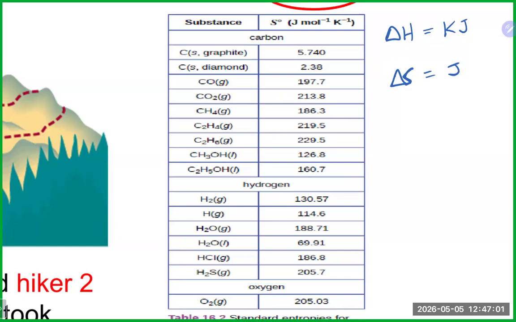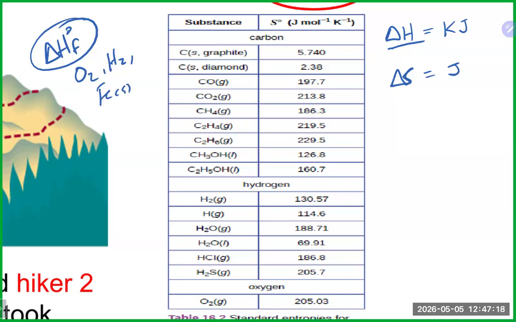The other thing that you might remember is when you go to a delta H of F table, which is what you find in the back of the book, and look up things like oxygen or hydrogen or anything in its natural state, those values are 0 kilojoules. But when we talk about entropy, which is S, you will actually find values for things like that.